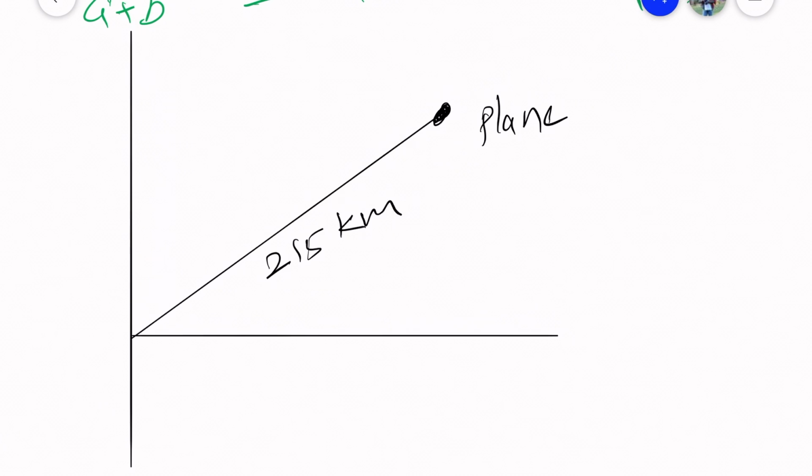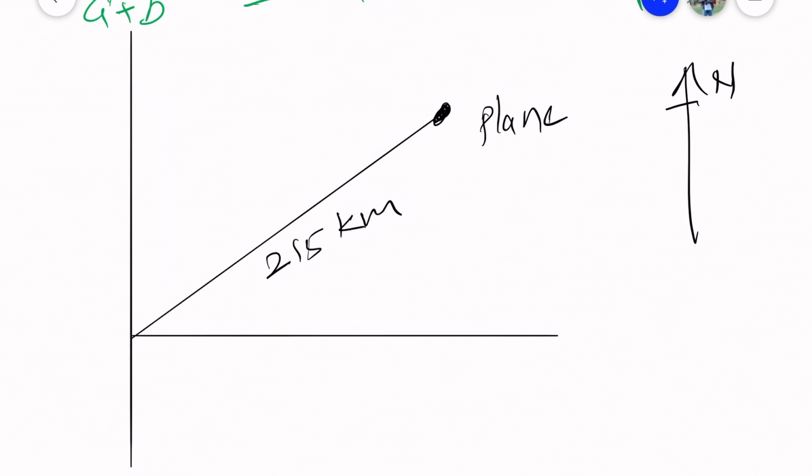Now what is also given is that the direction of the angle is 22 degrees north. So basically what it really means is, if this is our north, the direction was 22 degrees east of north.